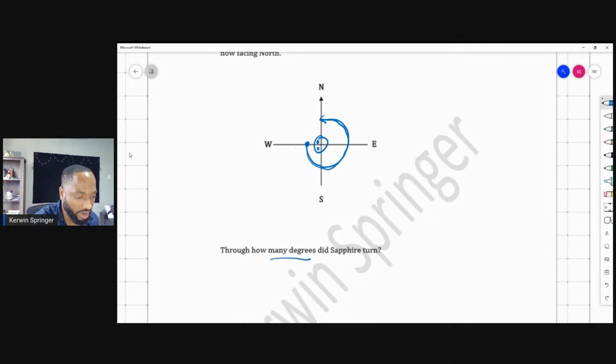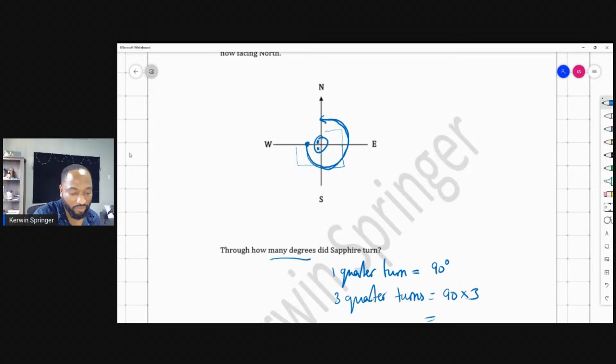Well, she did one right angle, another right angle, another right angle, and we know that a 1/4 turn is equal to 90 degrees. Some of you know this by heart, or you're just writing it in the chat fast. 3/4 turns will be 90 times 3. And you can sit down and verify that this is actually 270 degrees. You should know that, right?